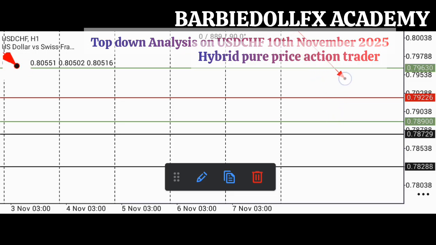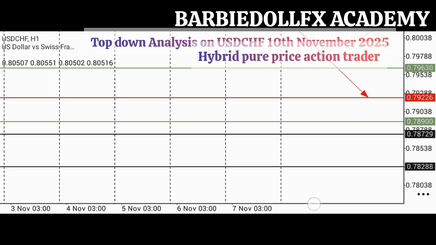Remember, price does not move in a straight line. It moves lower low, lower high, lower low, lower high. So that's how it goes. That's structure for you.